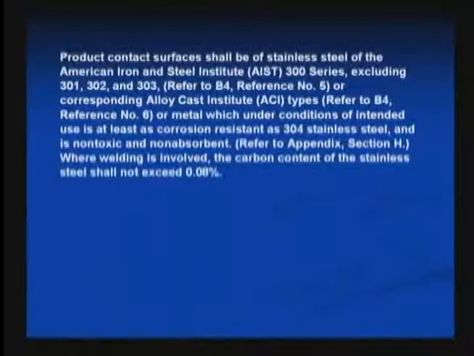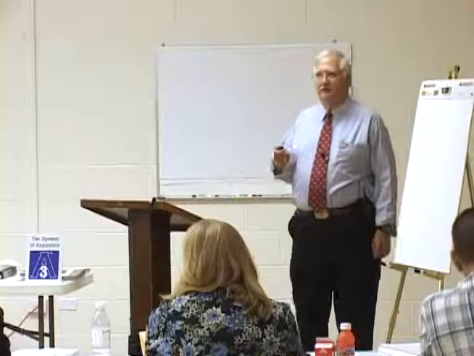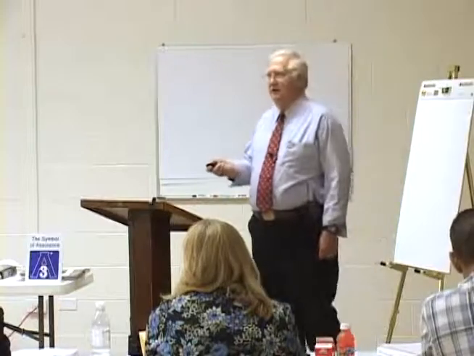Other metals can be used, and you'll see up here that it says that they shall be stainless steel or metal which under the conditions of intended use is at least as corrosion resistant as a number 304 stainless, non-toxic and non-absorbent. So you can use other more sophisticated metals for certain components if you need non-galling characteristics.